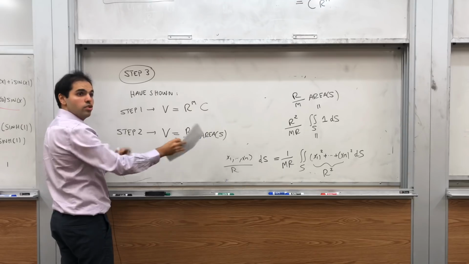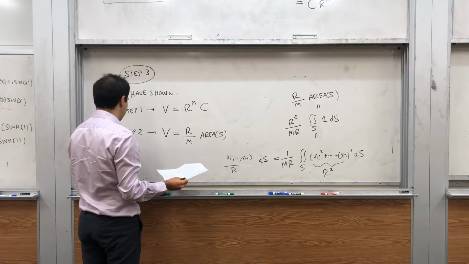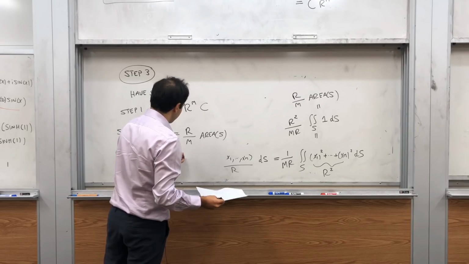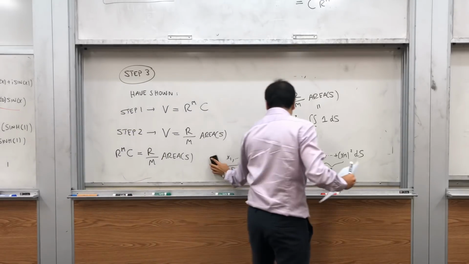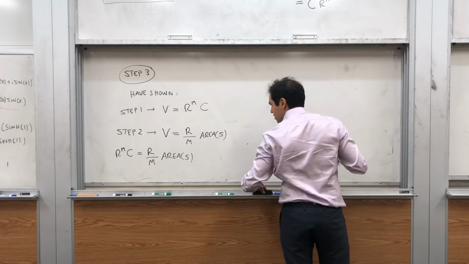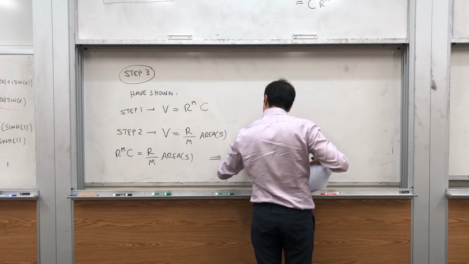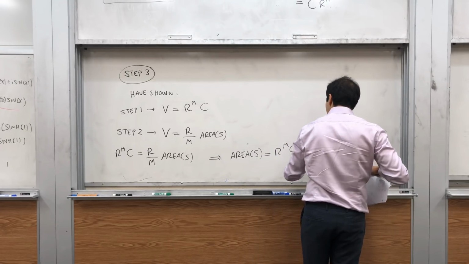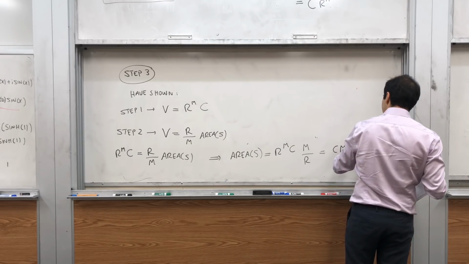So let's combine this to find the surface area. We get R to the m times C equals R over m times the area of S. Just solving for the area of S, we get that the area of S is R to the m times C m over R, which becomes, if you want, C m R to the m minus 1.